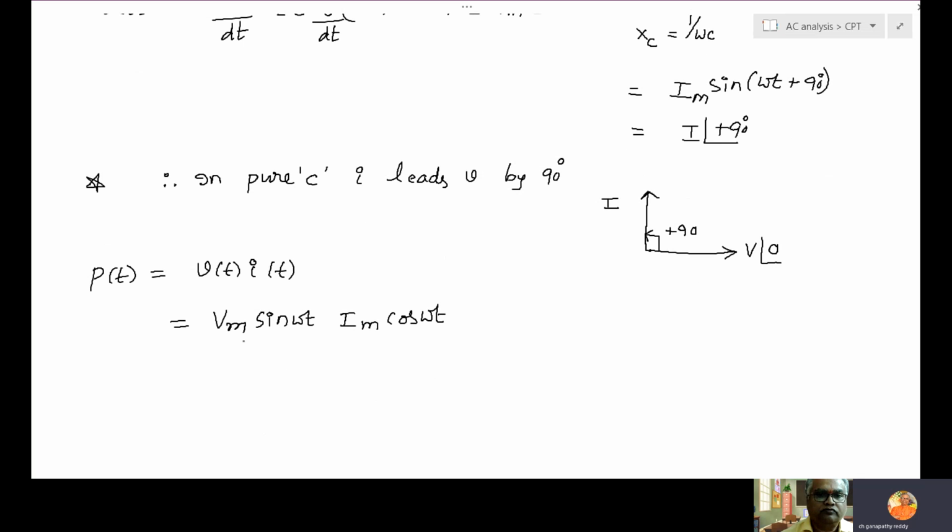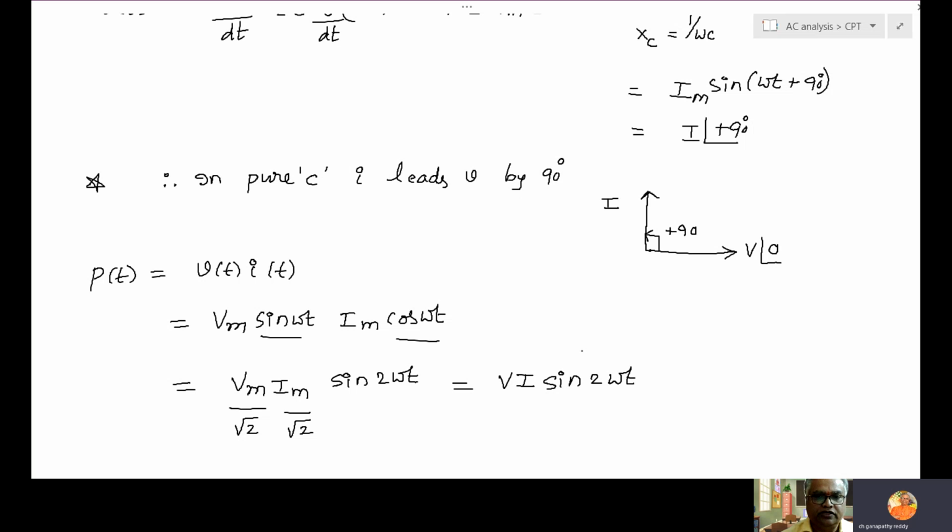This is equal to Vm Im sin omega t cos omega t. We can write it as sin 2 omega t by 2. Vm Im by 2 is nothing but Vm by root 2 into Im by root 2, which is equal to VI sin 2 omega t.